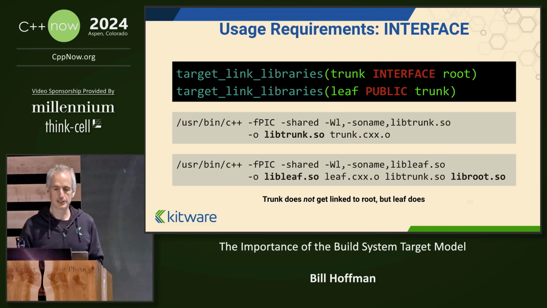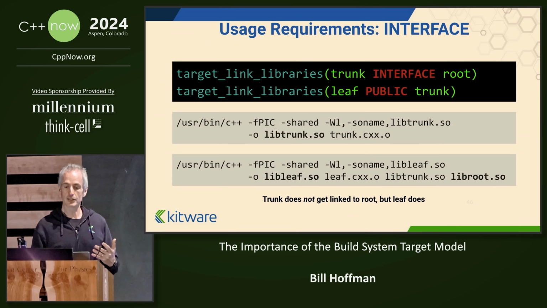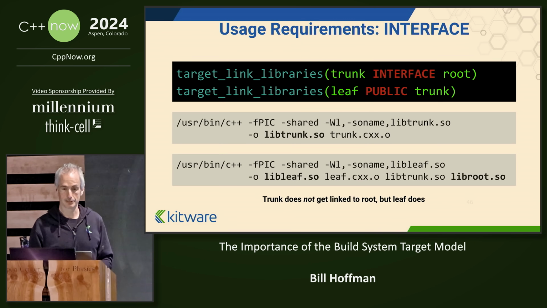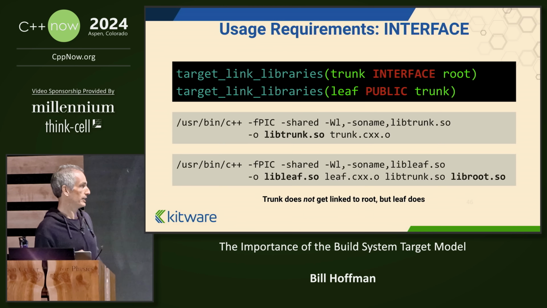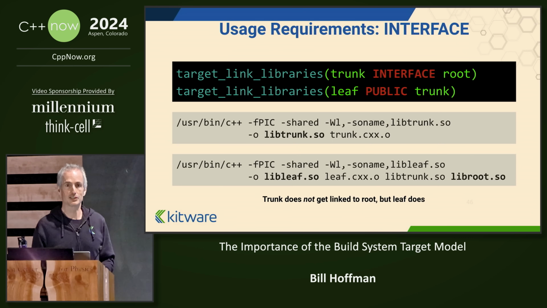And the usage requirements: you can create interface libraries. So interface means that it's for the consumer and not for yourself. So in this example here, you can see when we're building trunk.so, it actually doesn't link to root because that's only in its interface specification.